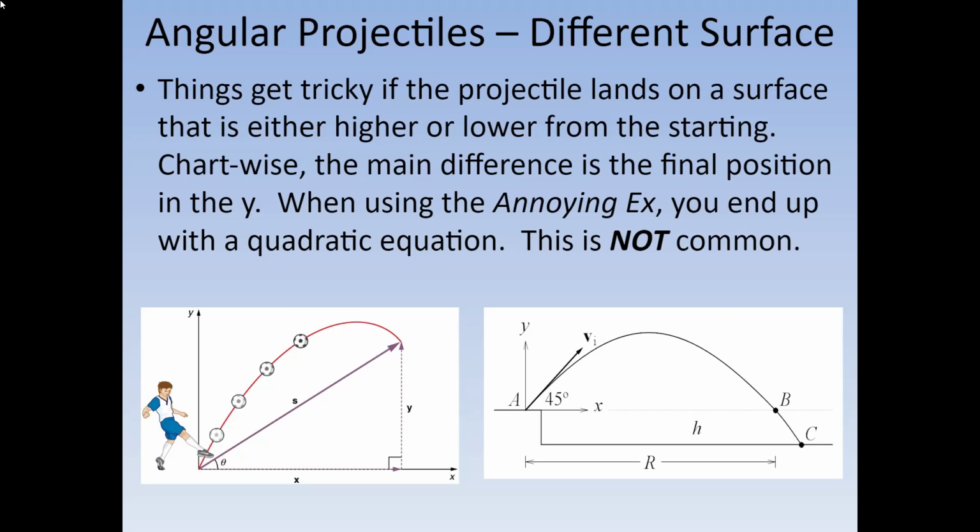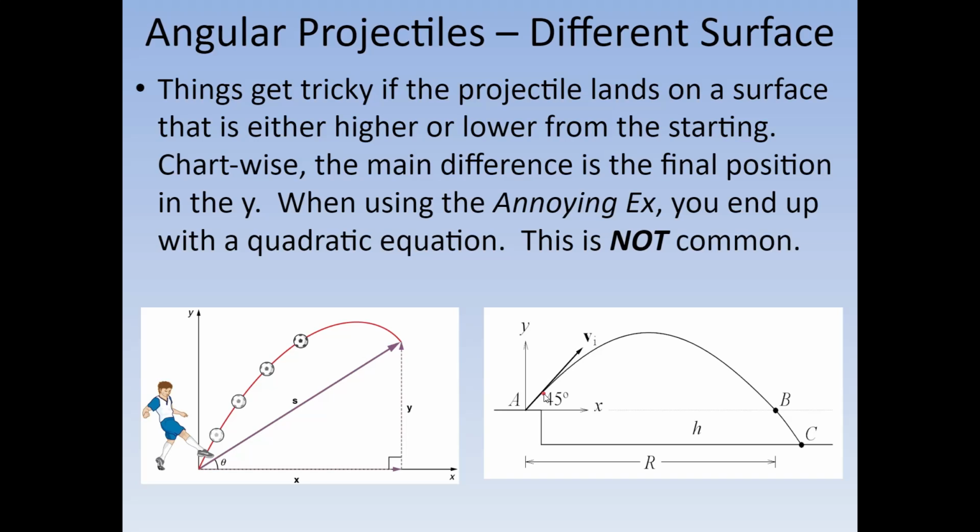Every now and then you might deal with what I call asymmetric projectiles, where either the starting point or the ending point is kind of off-kilter at a different location than the other point. Here, this is an example where it ends at a higher height. This is an example where it starts at a higher height. Honestly, nothing really changes.